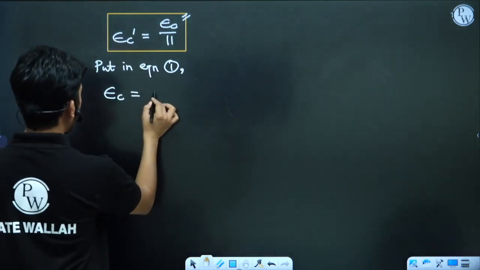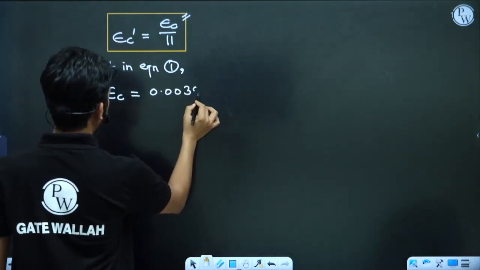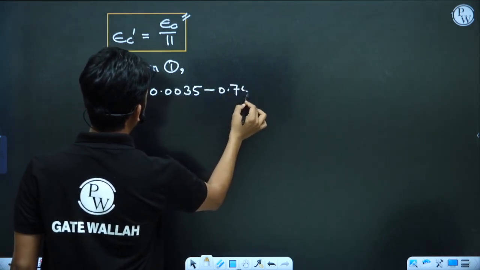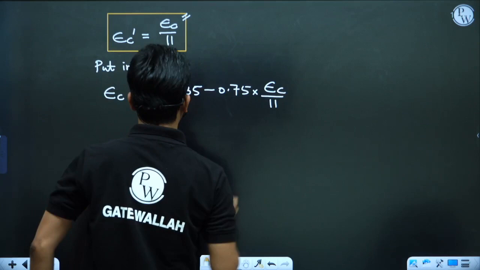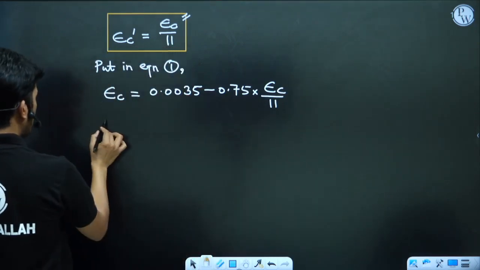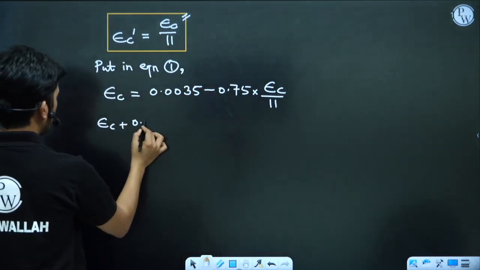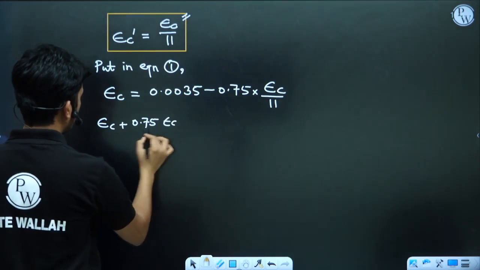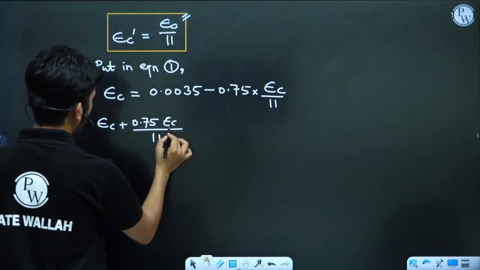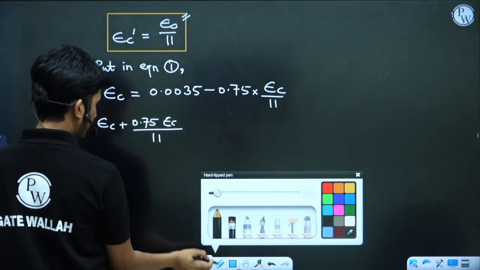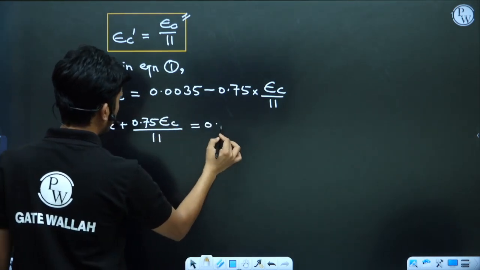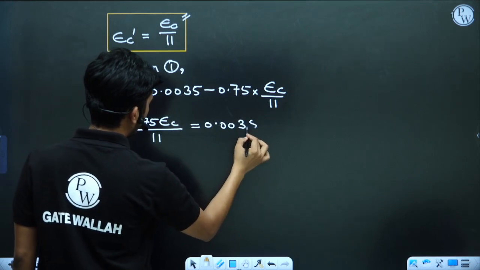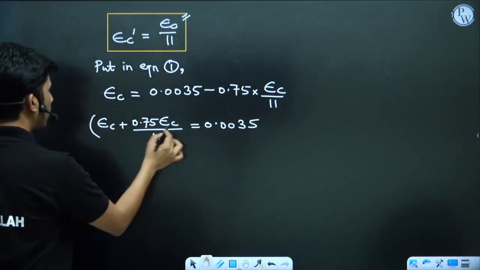So epsilon C will be equal to 0.0035 minus 0.75 and epsilon C dash is epsilon C by 11. So this minus value will come here, epsilon C plus 0.75 epsilon C by 11 is equal to 0.0035. So we have to use the calculator for calculating this.